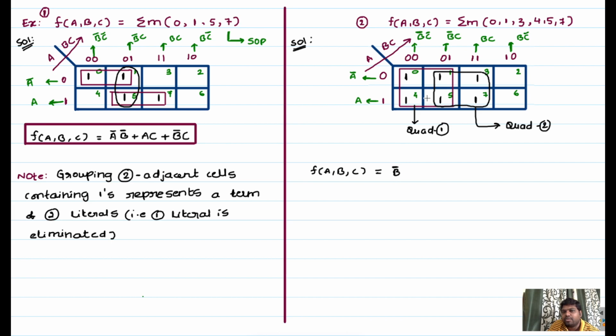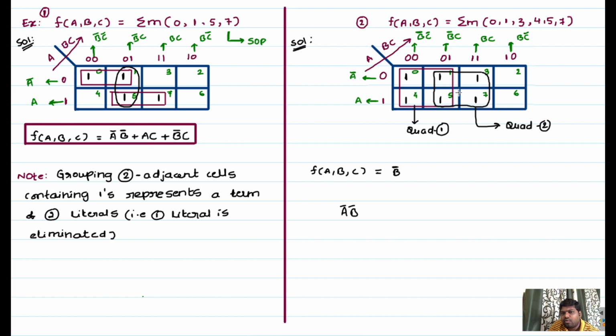I am writing individually. For example, if we take these two 0, 1 square boxes, we can treat them as one pair. For this pair, A bar is the common element, and from these two product terms, B bar is the common element, so I can write here A bar B bar.